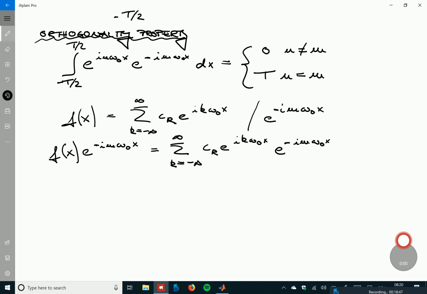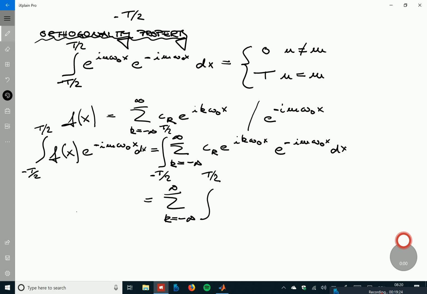And then the next step was to integrate. So we put up integrals over the interval minus T half to T half. And then we again assume that it's allowed to exchange the order of summation and integration, so that we get these integrals on the right hand side.